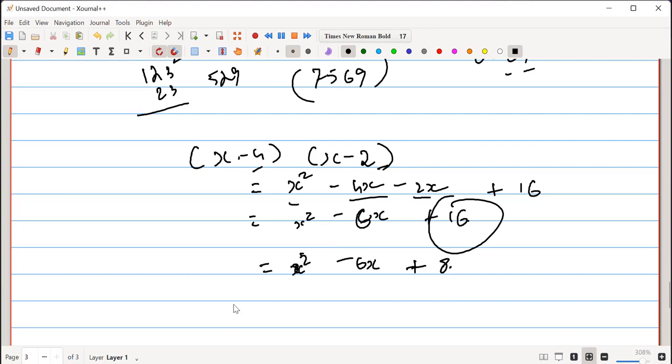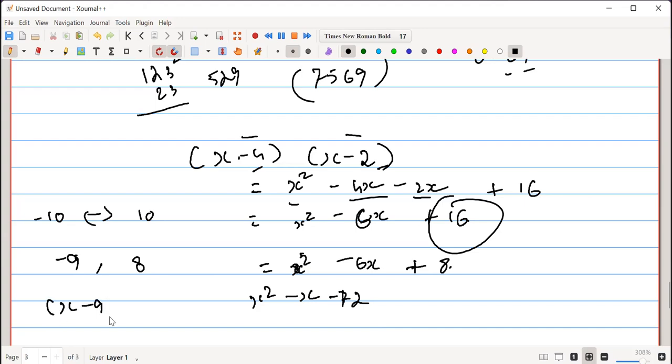Okay, can you give any two numbers like this, from minus 10 to plus 10? Minus 9, 8. It's x squared minus x minus 72.